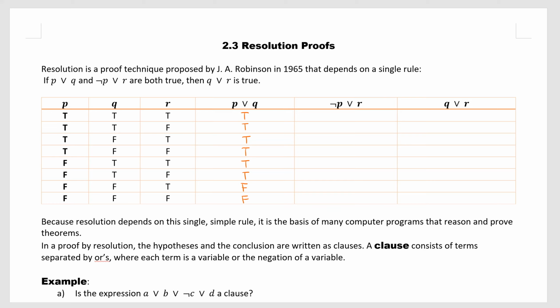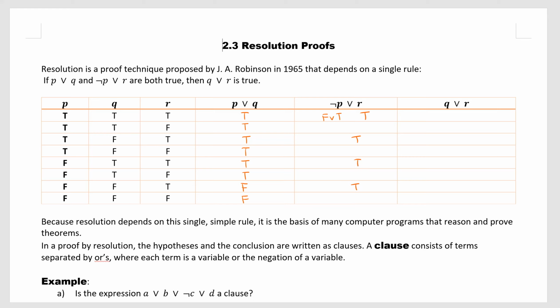Next, not P or R. Okay, so where not P is false, or R is true, this is true. So this is true when R is true. So let's figure out where the R's are true. So here, here.